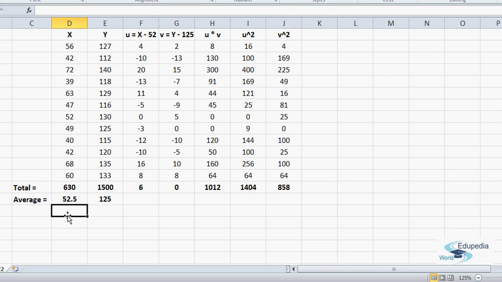Next we need to go about finding the value of b. So b, if you recall the formula, it's n times, let me put it in parenthesis, n is 12, n multiplied by summation uv, which is this value, minus summation u times summation v.